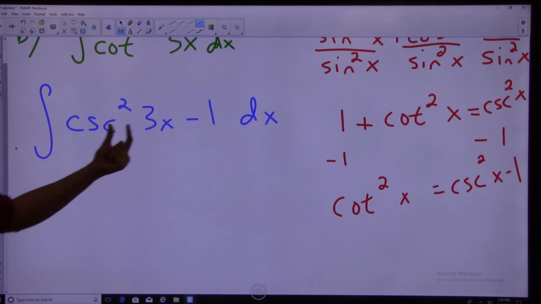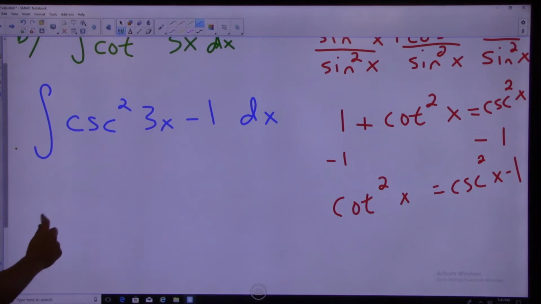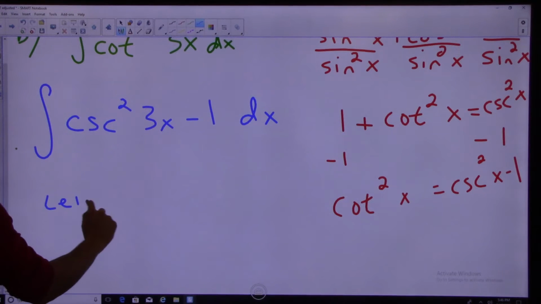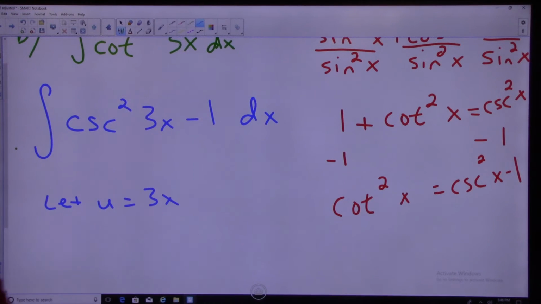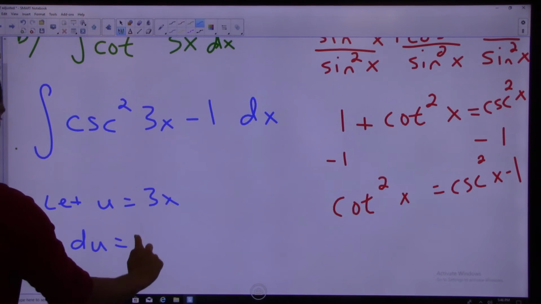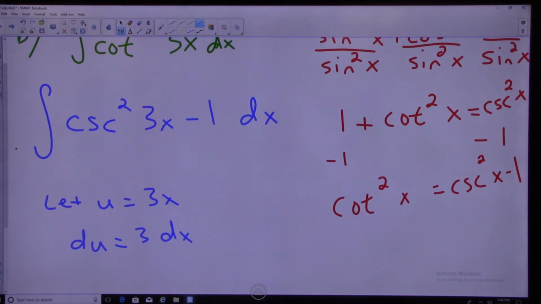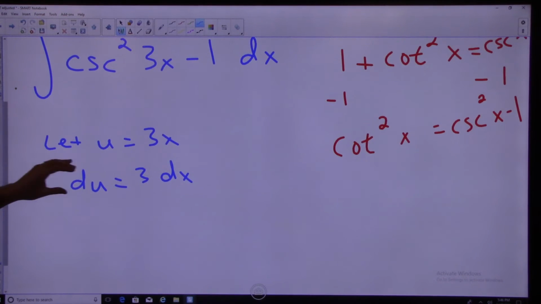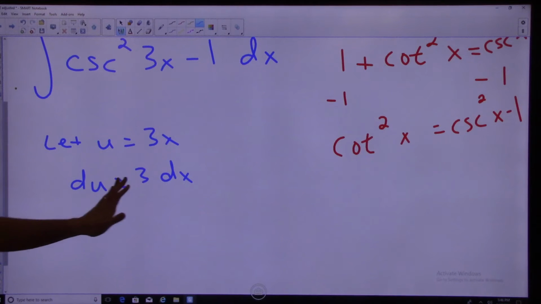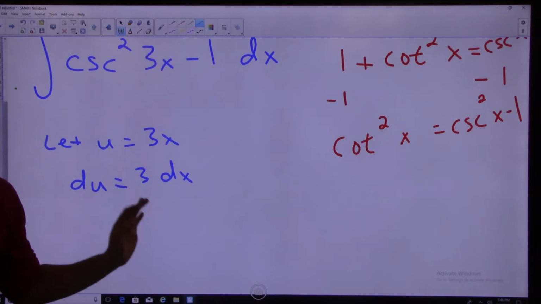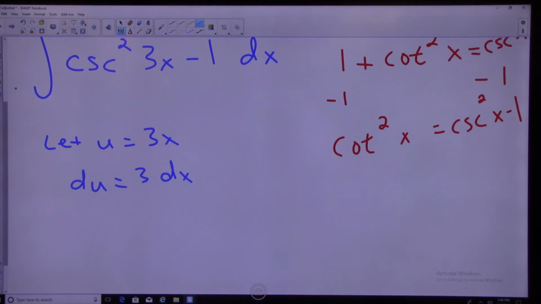All right, this doesn't look like u, so we're going to let u equal 3x. And so that means du is going to equal 3 dx. Again, I'm just using a shortcut here. This would be du over dx is equal to 3, and then multiply by dx to both sides. Du is going to equal 3 dx.